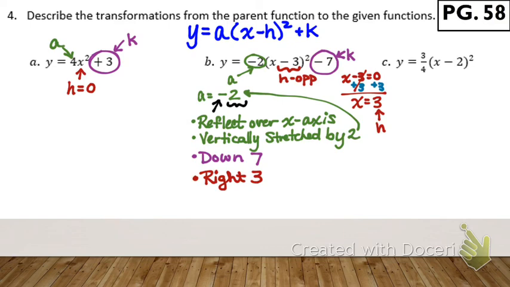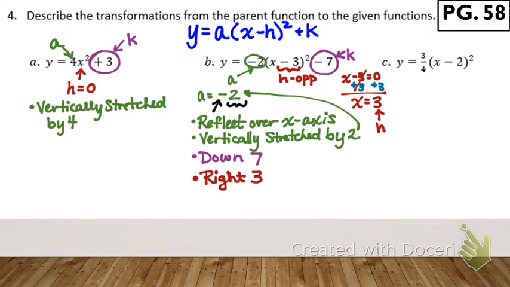An A value of 4, what will that do to my graph? It's going to be vertically stretched. It won't reflect it because it's not negative, but it will vertically stretch it. I would say that it's vertically stretched by 4.